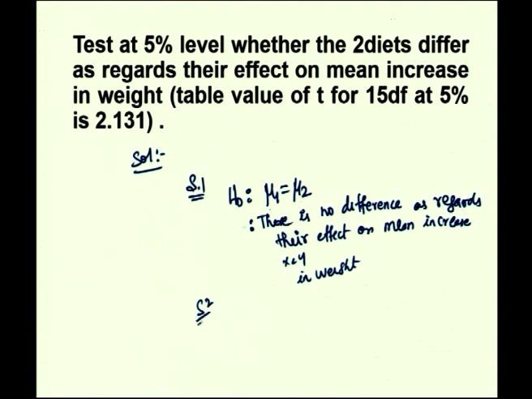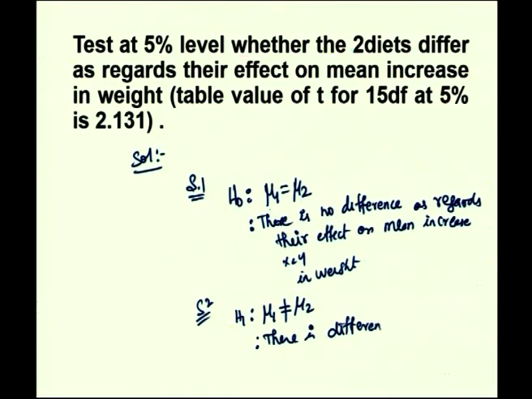And step 2 is H1: mu 1 is not equal to mu 2, because both diets increase the weight. So, we cannot exactly say diet X increases the weight more than Y; it is not a comparison between X and Y. Generally, diet X and diet Y both increase the weight of the cow.